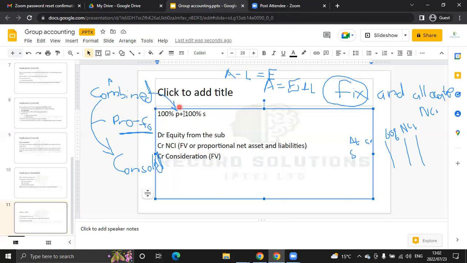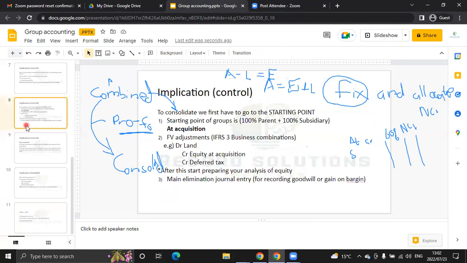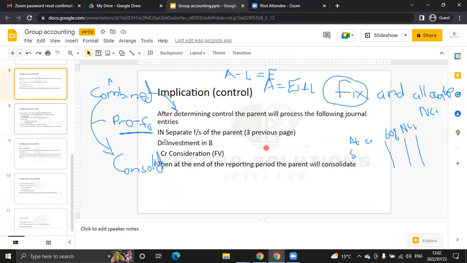It's currently contained in the parent's books, because don't forget, in the separate financial books of the parent when we bought this particular investment, we recorded this journal entry, right? So currently we have this investment in B, and this amount is equal to this consideration.